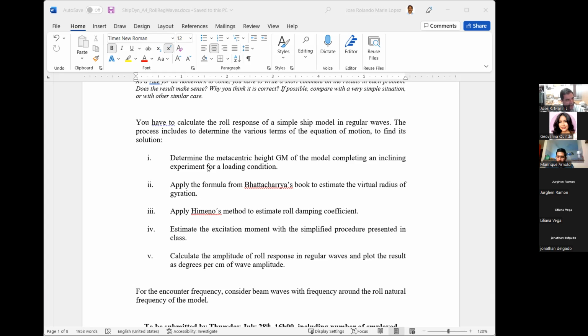You're very close to graduating and still don't know what an inclining experiment is. Come on, Mr. Delgado, you're telling me you want to stay one more year at university. That's what you're telling me. Mr. Matute, please listen to me. Explain to us, as a naval engineer, what an inclining experiment is.